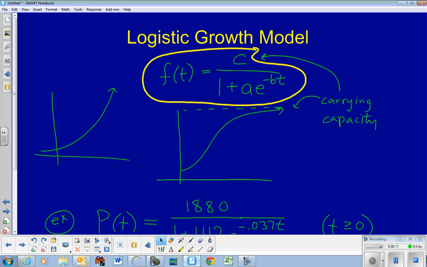So don't worry if you're thinking, where in the world did this equation come from? Just realize we're studying it because it's more realistic than an exponential model, and you'll be given it and just be asked to substitute in x or y's in your calculator. That's it. All right, so that'll do it for Logistic.